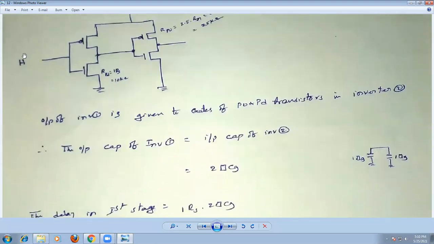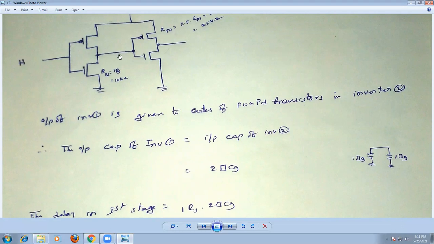In the first stage, depending upon the input, when this is high state, we are assuming input is high. If it is low, you have to consider that the first stage has a high delay. But in this case, we are assuming input is high, so this transistor turns on and this is the off condition. The output is whatever the capacitance associated here. What is the capacitance here?